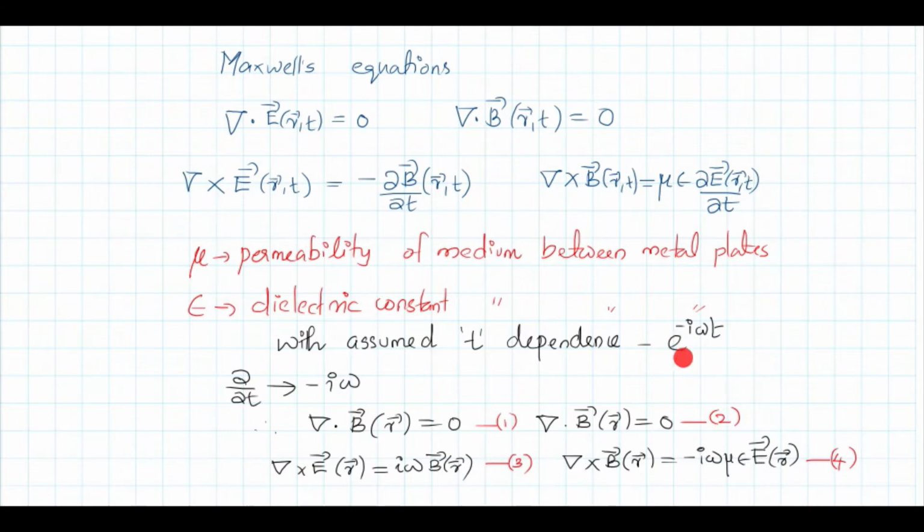With this time dependence, dou by dou t will contribute a minus i omega. Therefore, the curl equations change to del cross E equal to i omega B, and del cross B equal to minus i omega mu epsilon E. The time derivative dou by dou t is changed to minus i omega.